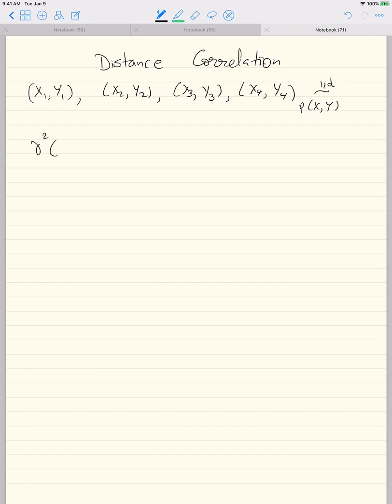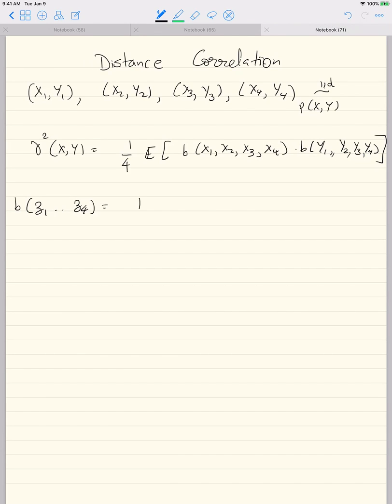Then we define gamma square of xy to be 1/4 of the expected value of b of x1, x2, x3, x4, and b of y1, y2, y3, y4, where b of z1 to z4, so it's a function of 4 variables, is the distance between or difference between z1 and z2 plus z3 and z4 minus these quantities, z1 minus z3 minus z2 minus z4.